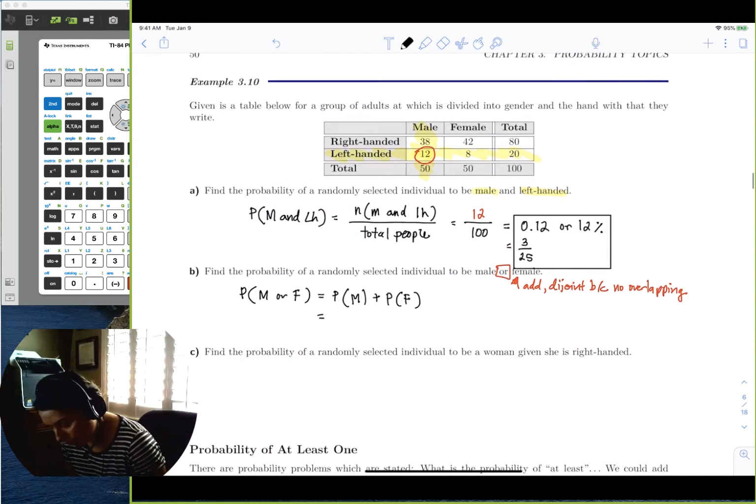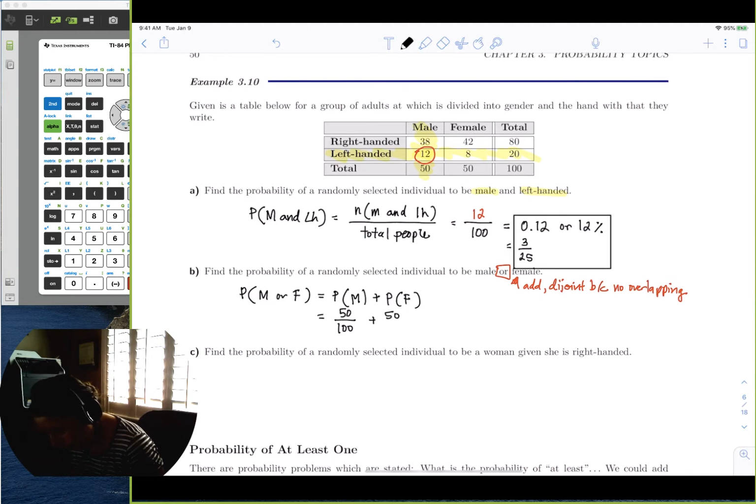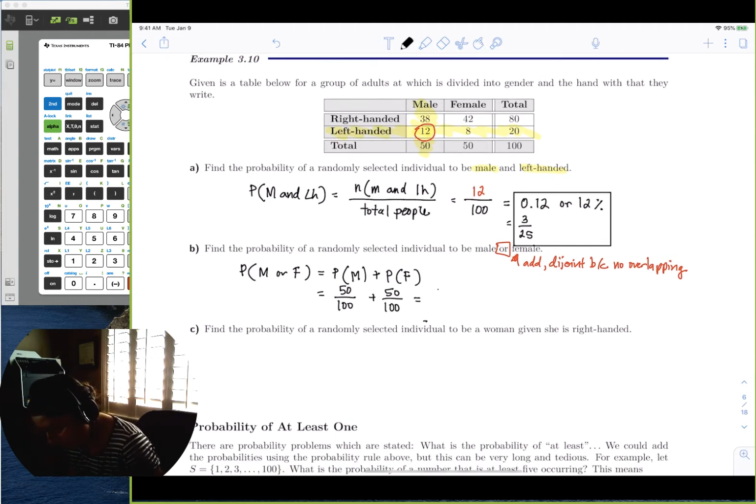There are 50 out of 100 people to be male plus 50 out of 100 people to be female, which is 100 out of 100, which is 1, or 100%. And you're absolutely right. This means we're certain. No matter who we select, we're going to have a male or female.